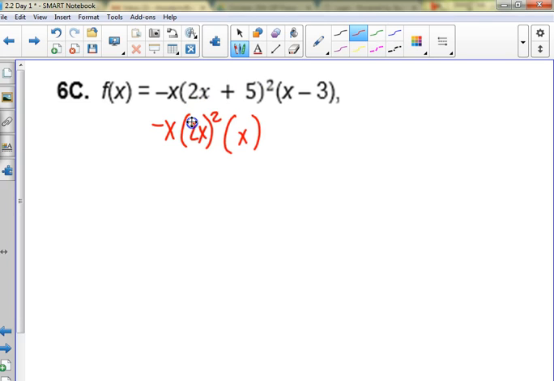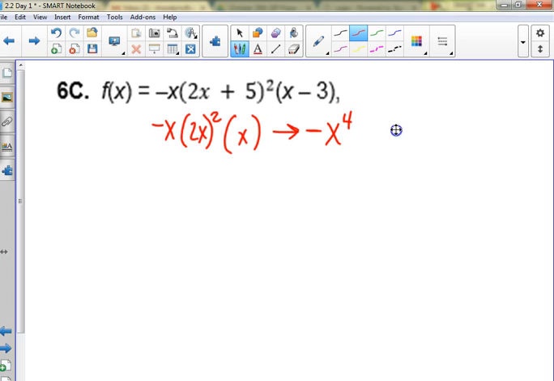And this one's just got an x. I really don't even care about the 2. What would happen? I'd get an x to the 4th when I multiplied them all out, right? And the leading coefficient is negative. It's actually like a -4, but I don't care. All I want to know is that it's negative.